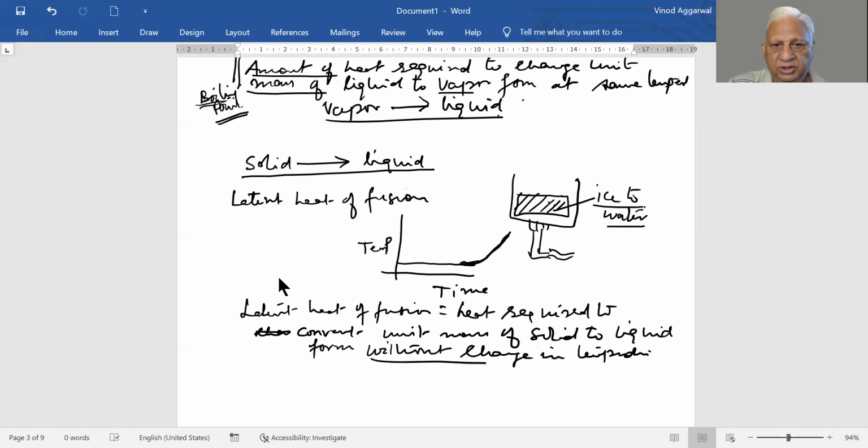Mind there is no change in temperature, and all the heat that goes in depends upon how much mass you have got.